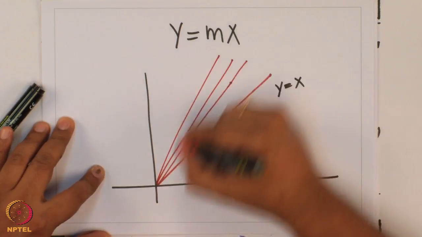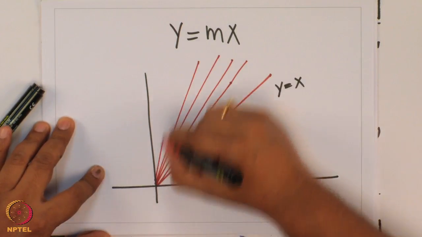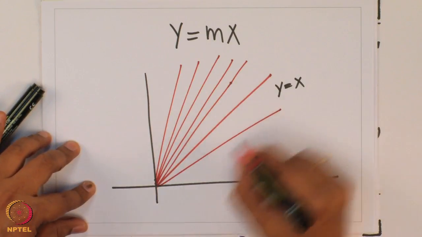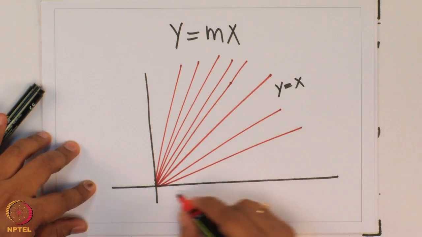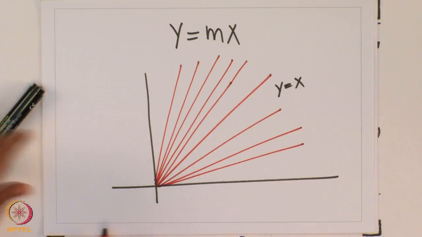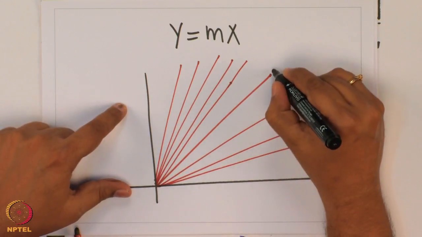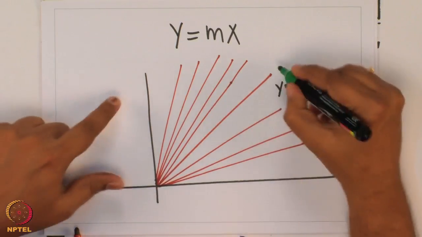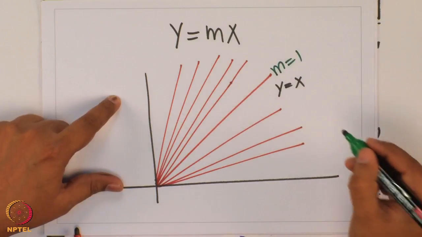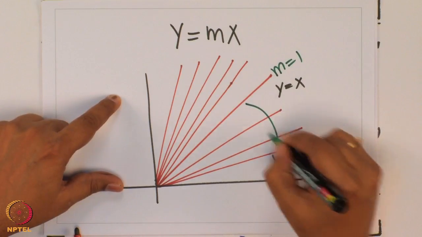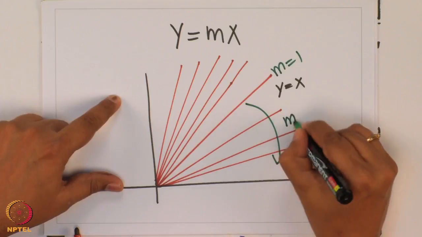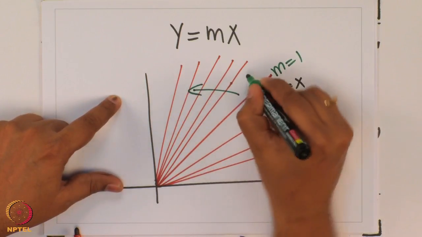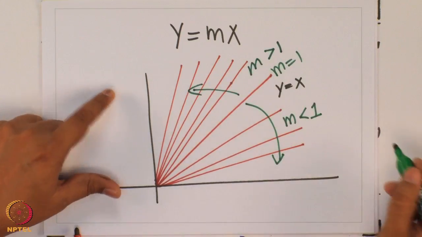As we go to larger and larger m values, and also half x, here this is m is equal to 1, and as we go below, m is less than 1, and as we go this way, m will be greater than 1.